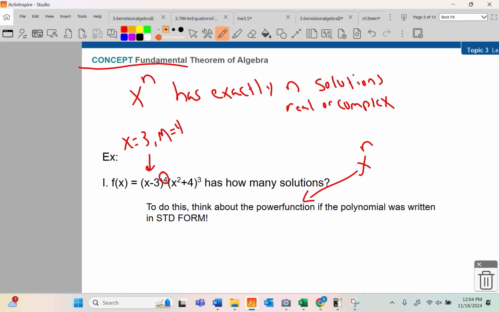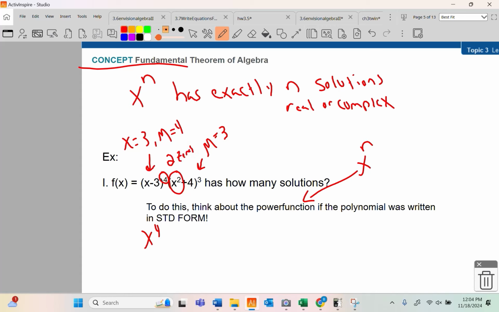Another way of thinking about this is we would write x minus 3 four times and it would create x to the 4th, x times x times x times x. This guy has a multiplicity of 3, but how many zeros are there? There are 2 zeros, because of the square. 2 zeros, each with a multiplicity of 3, is 6.